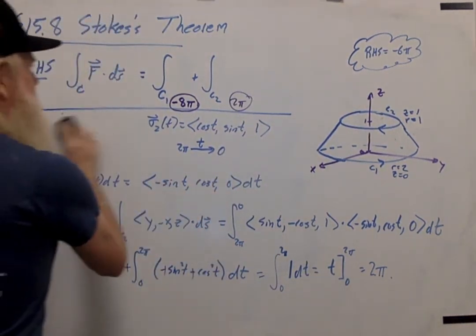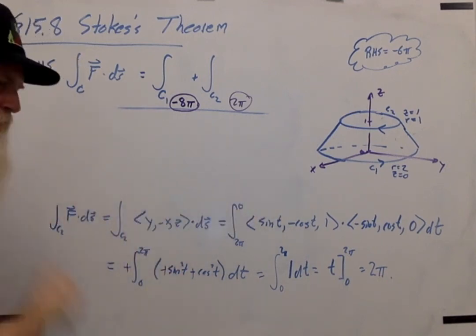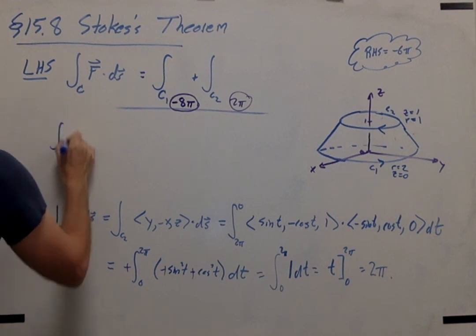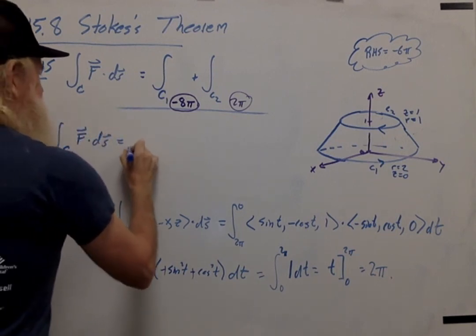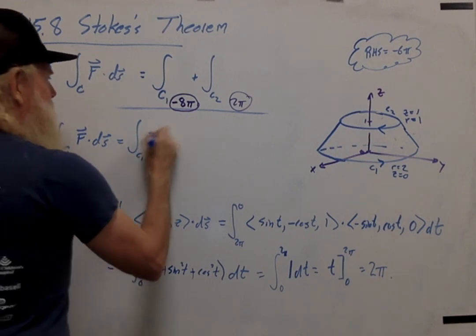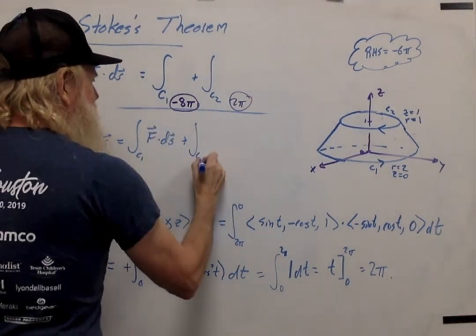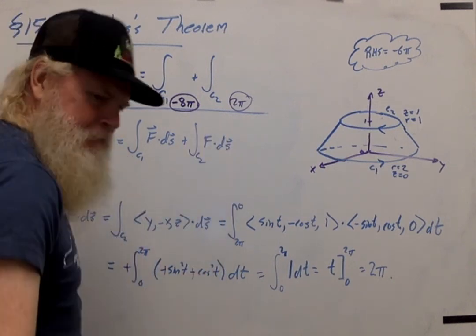So just to write this a little bit more formally, the integral along C of F dotted with ds is the integral along C1 of F dotted with ds plus the integral along C2 of F dotted with ds.